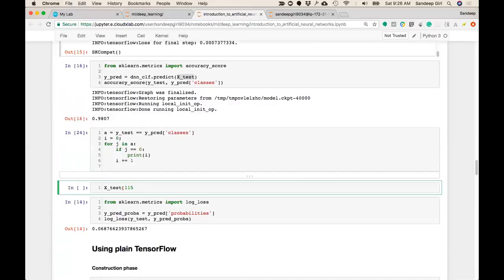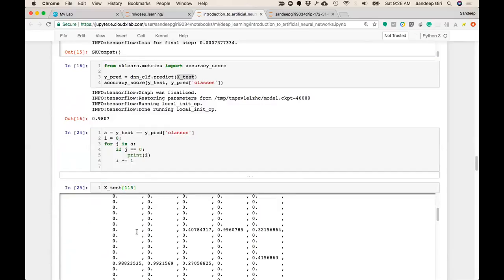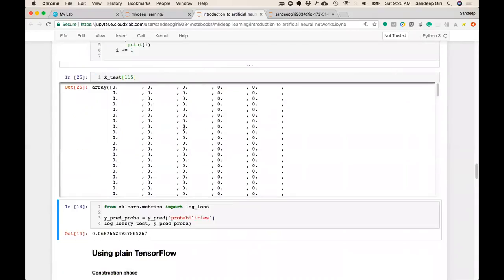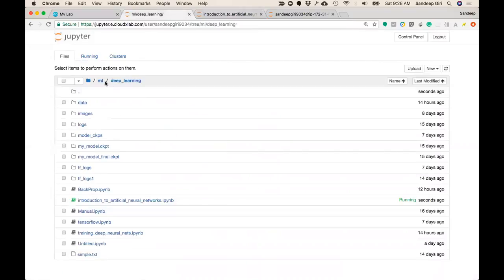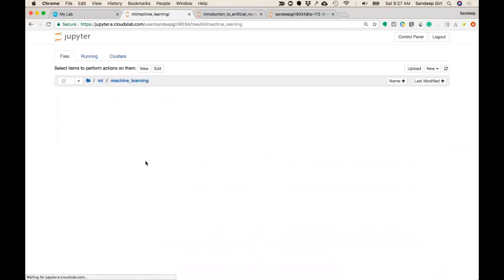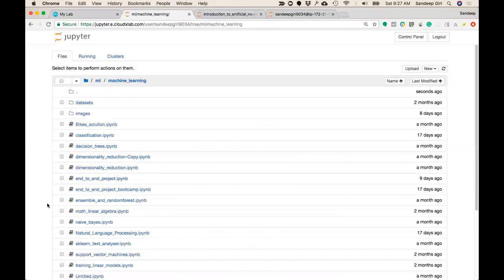I think I'll have to pick up the value of that one. So this one is one such image. Do you guys remember how we plotted that image earlier? I'm actually curious myself.